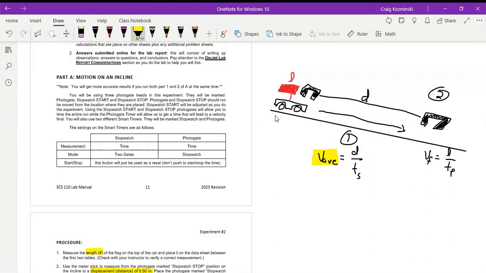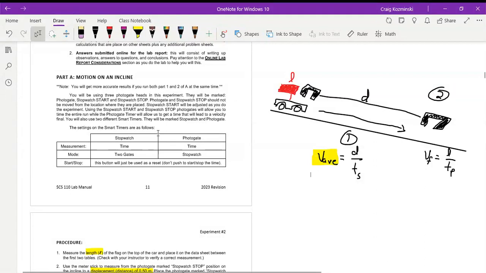We're then going to compare this with our final velocity, and our final velocity is going to be equal to the length of the flag, that is the distance of the flag, divided by the time it takes for the flag to pass exclusively through this second photo gate. And so our average velocity is the overall distance divided by the overall time. Our final velocity is going to be equal to the width of the flag divided by the amount of time it takes for the flag to pass through the bottom photo gate.